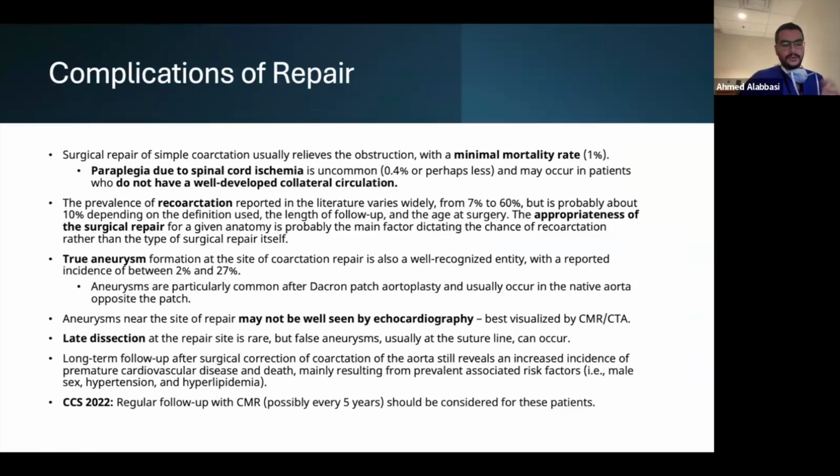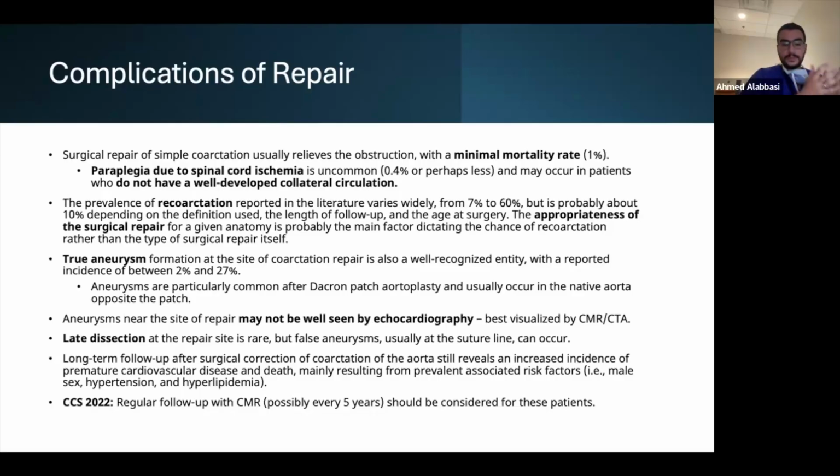I've seen some studies quoting up to 40%, as low as 10% in some cases. The main thing that would dictate if you have a recoarctation is the appropriateness of the actual repair to the anatomy itself.